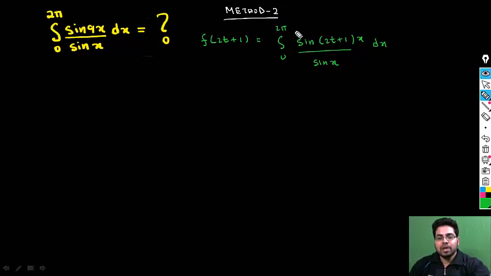Here I am only evaluating the term inside the integral, and then I will integrate it from 0 to 2 pi. So this sine (2t plus 1)x can be written as sine of ((2t minus 1)x plus 2x).